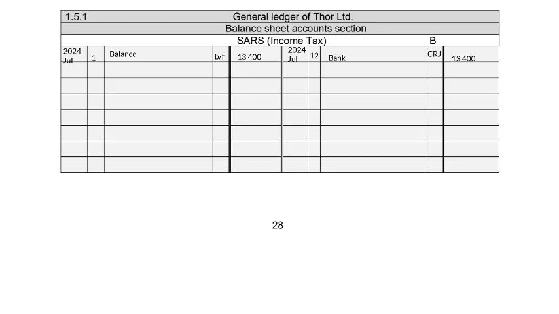So on the debit side, 2025, January the second, bank CPJ. And the company paid over 44,800 Rand.